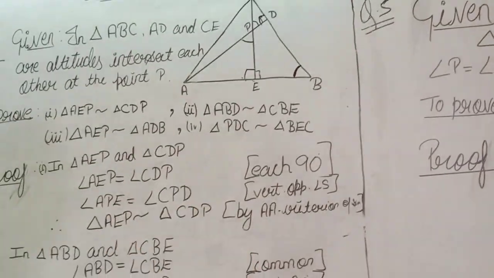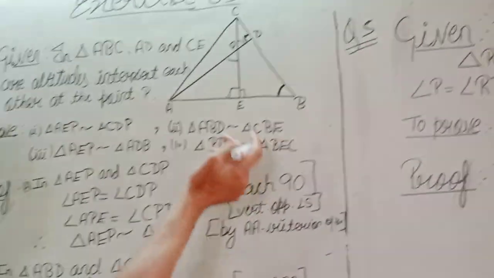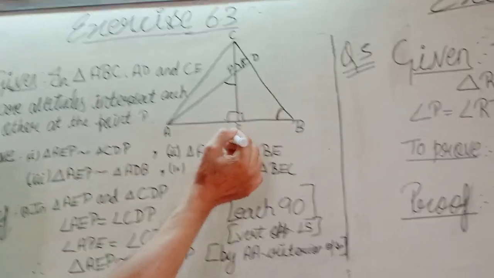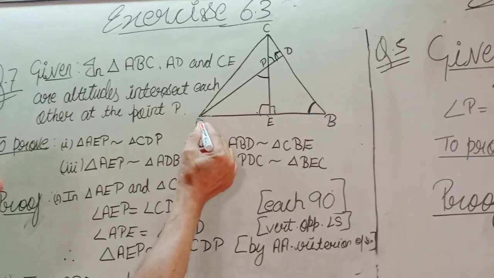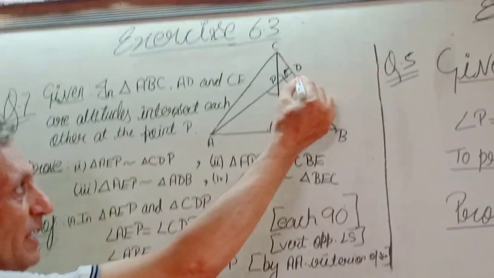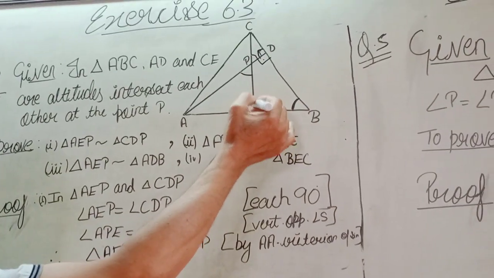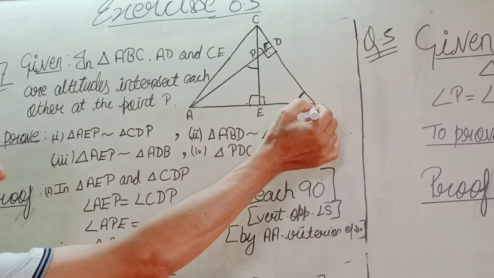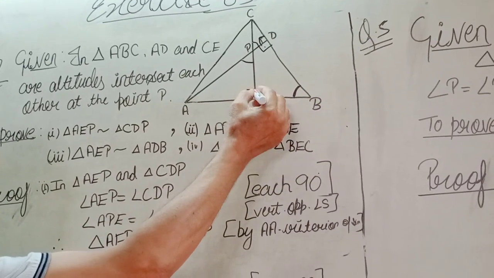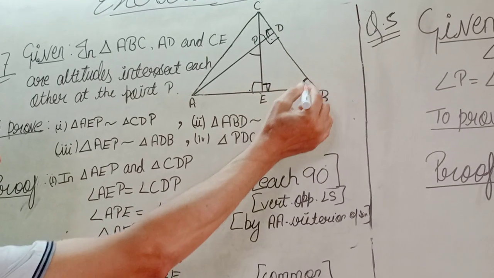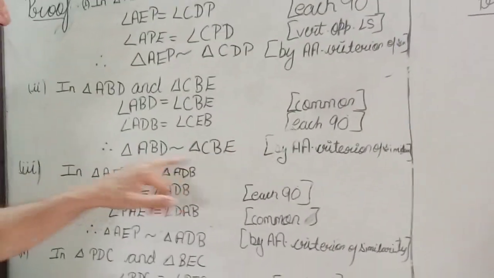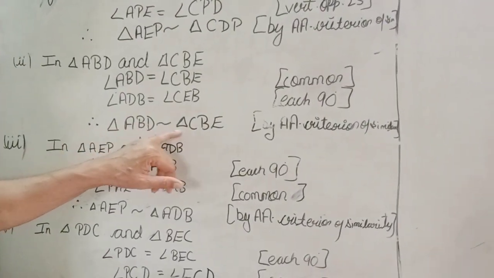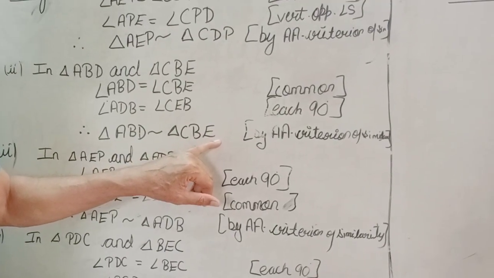So again we have one angle that is 90 degrees in both the cases. ABD, this is 90, and CBE, this is 90, and B is common in both. Therefore by AA criterion triangle ABD is similar to triangle CBE.